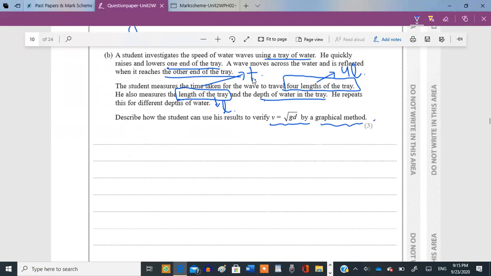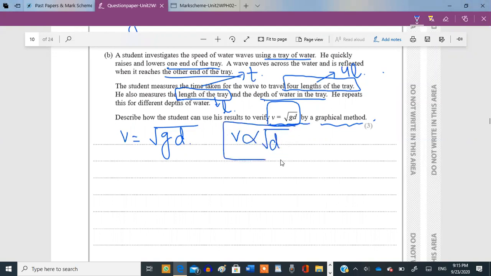All right, so a unit 3 type of question. According to this formula, v is equal to square root of g multiplied by d, where g is a constant. So I can say that v is proportional to the square root of the depth, right? And if v is proportional to the square root of the depth, then the graph I would draw should be expected to pass through the origin, and it should be a straight line, because this is a typical direct relationship graph.